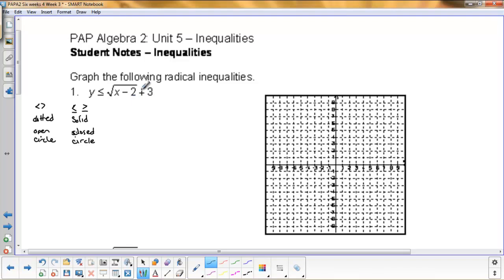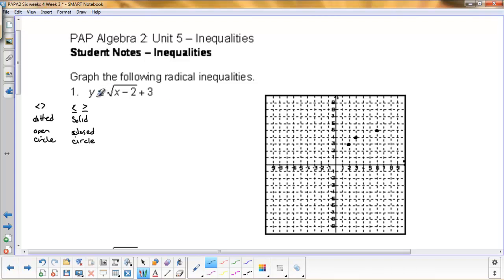We're going to use transformations of parent functions here to help us solve this problem. Remember your critical values of the parent function y equals the square root of x, and those are going to help us accurately graph these pictures. So that's right 2, up 3. I'll go right 2, up 3, find the starting point of my graph. I'm going to go over 1, up 1 using those critical values, over 4, up 2, and then over 9, up 3.